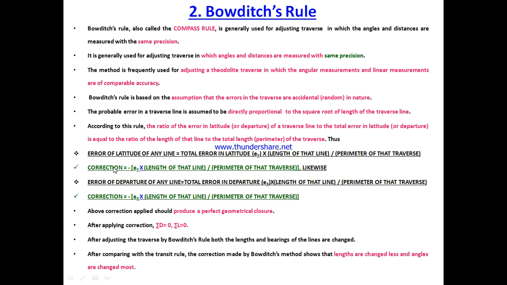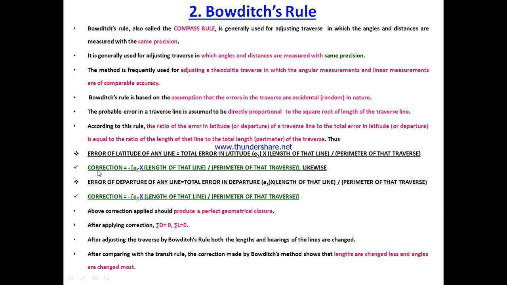Now, what are the corrections that we are going to make for the latitude? Correction will be equal to this particular value into minus. Here you can see the sign. It represents that whatever error we are getting, the correction is of the same magnitude but in the opposite direction.